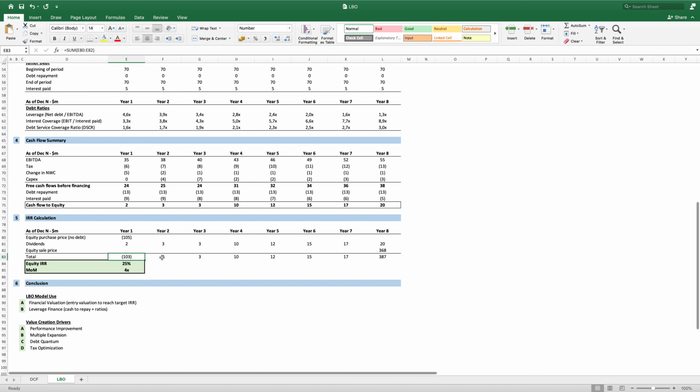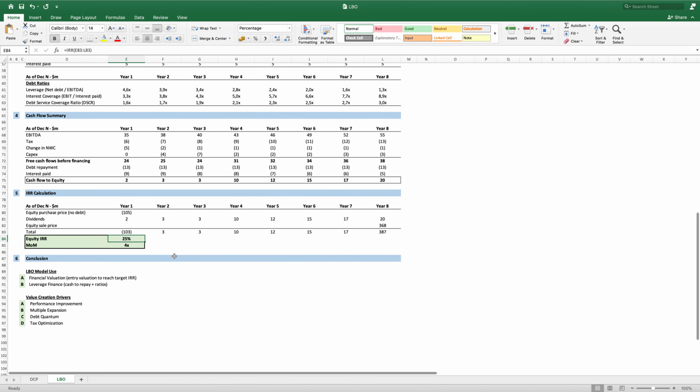If we sum up all those cash flow streams, we get to the total cash flow stream for the private equity sponsor, and those streams would enable us to calculate the equity IRR. So it's fairly simple. You just use the IRR formula, which includes all those cash inflows and cash outflows, and we see that for the example that I have chosen here, the IRR is 25%.